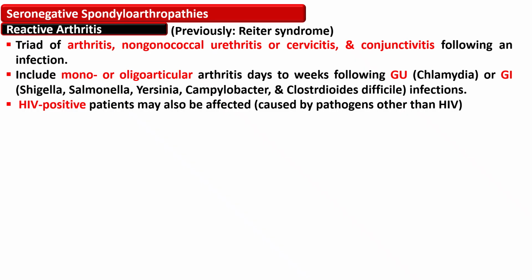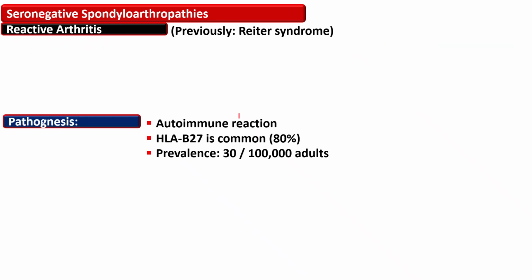HIV is also associated with this reactive arthritis. The pathogenetic mechanism for this entity is an autoimmune reaction, because 80% of cases are positive for HLA-B27.